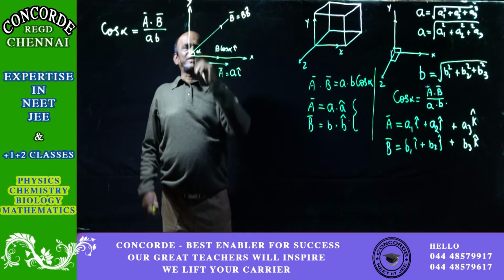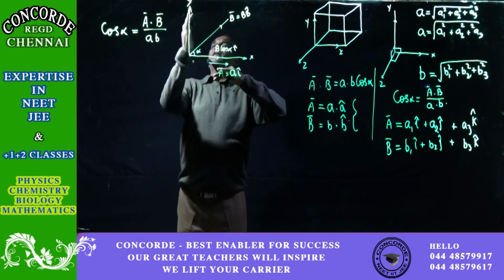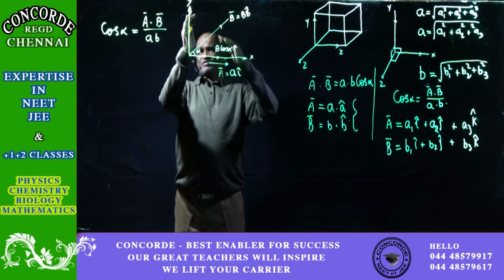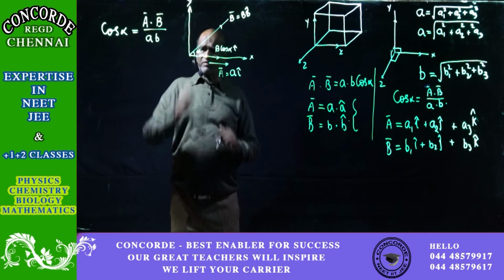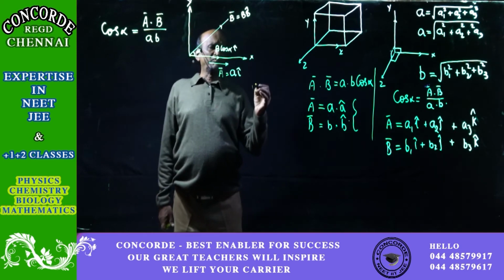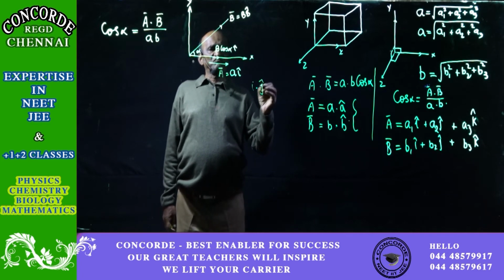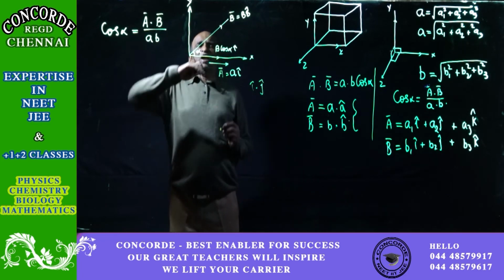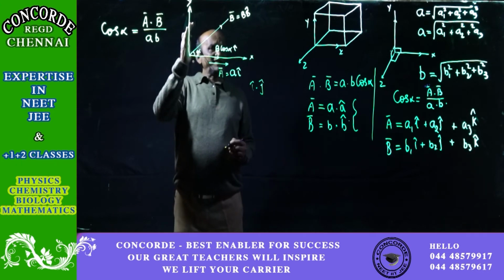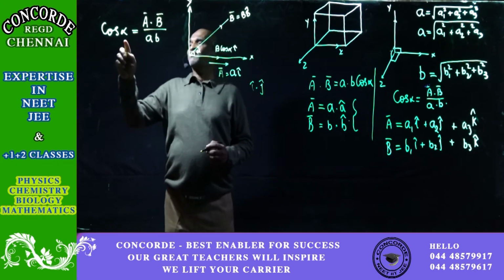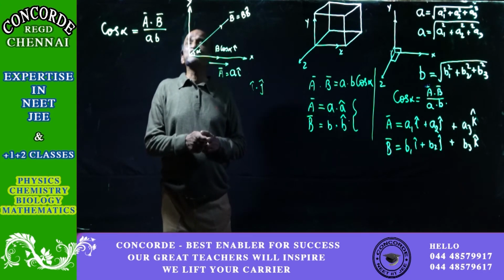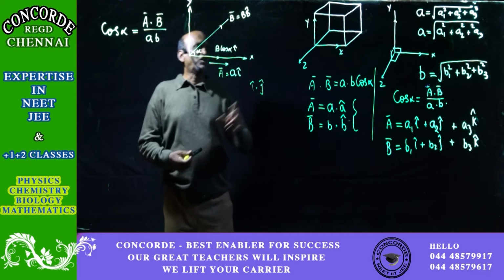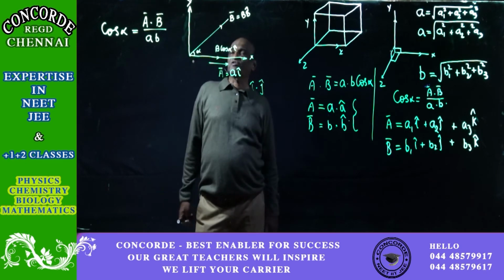Now in this direction, the first vector, and in this direction we have got the component of the second vector, which has a unit vector of j cap. So that will become I dot j cap. Now the angle between I and j is 90 degrees. So for cos alpha, if you put cos 90, and cos 90 is 0. So I dot j will be 0.